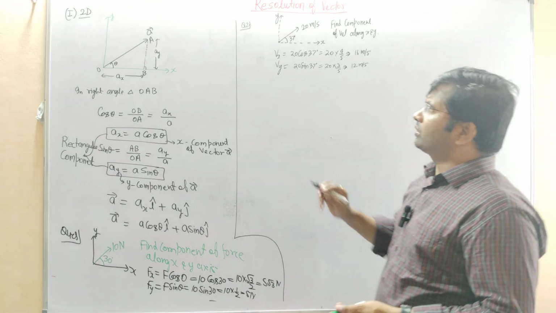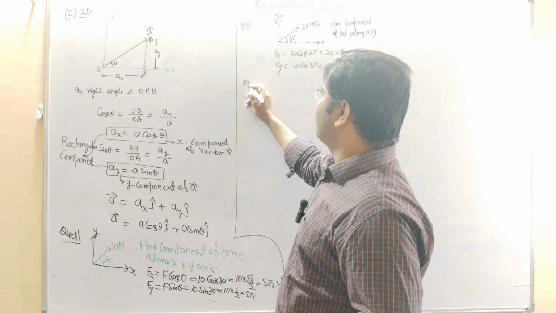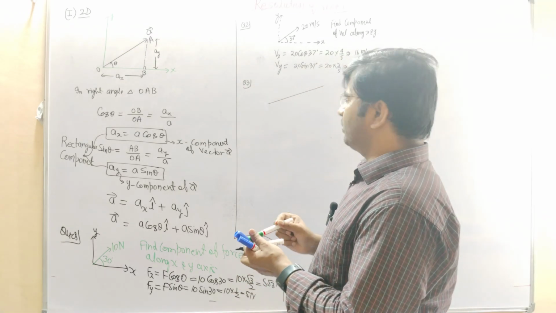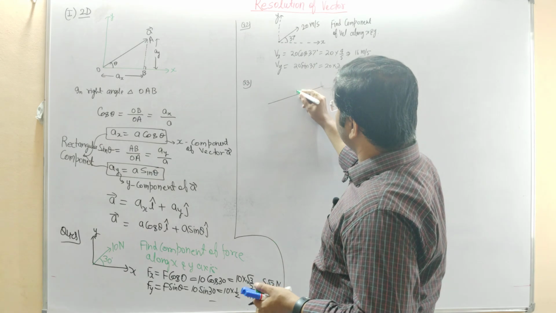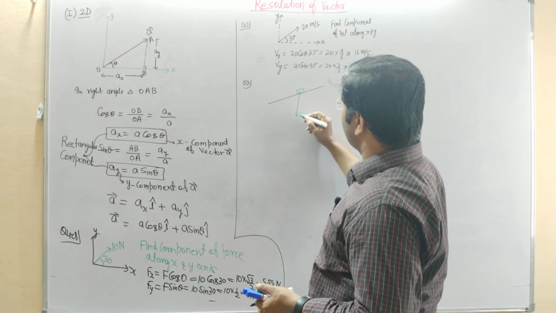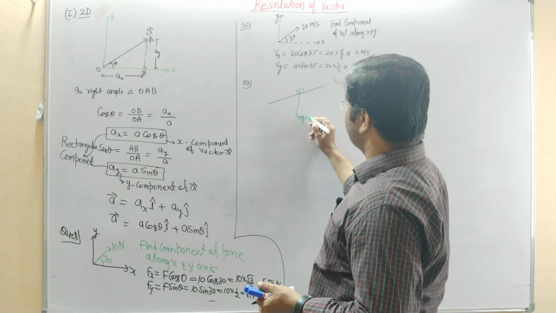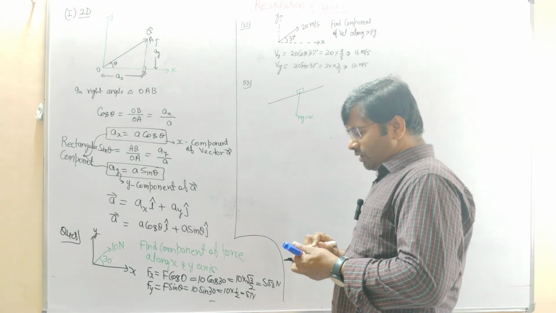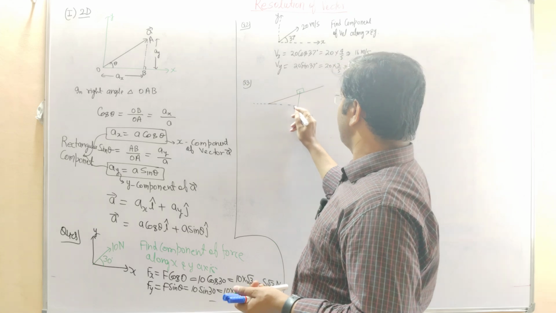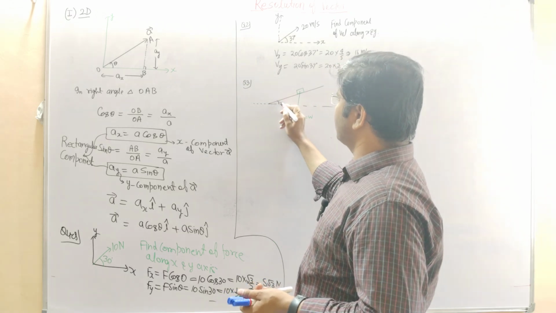Let's take one more question based on inclined plane. I am saying that there is an inclined plane, and on this inclined plane there is a mass here. So weight will always act downward, mg, let's take this as w, weight. Given that the angle of inclination of this plane is theta.